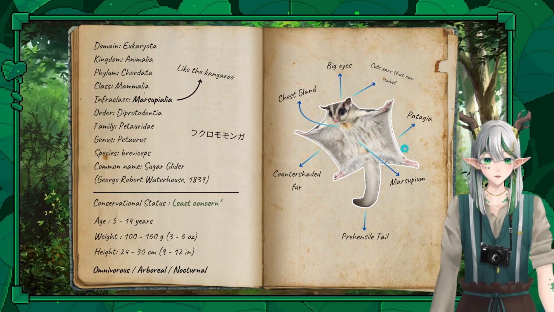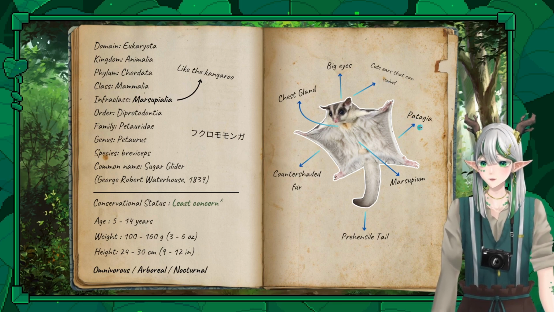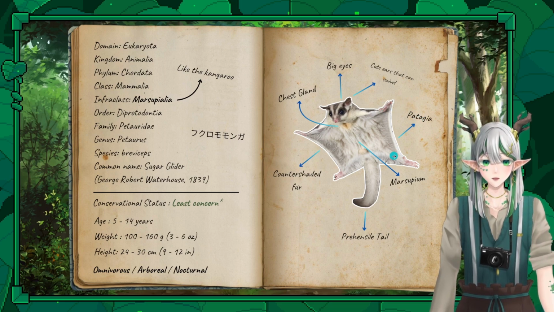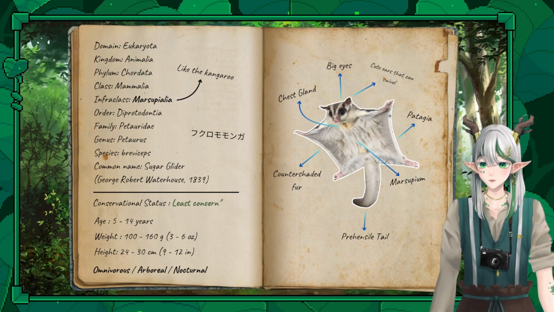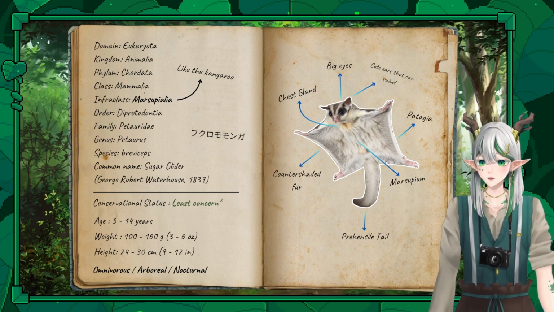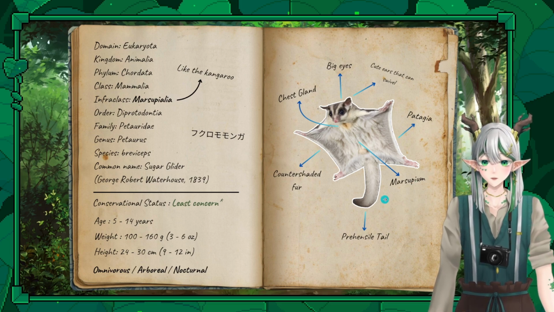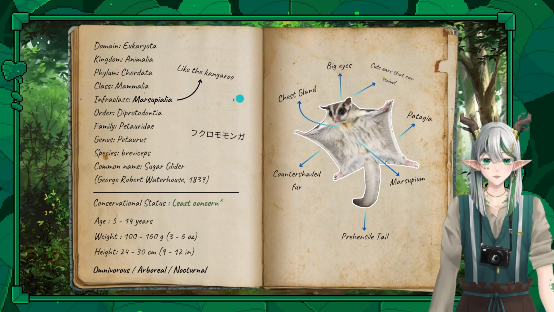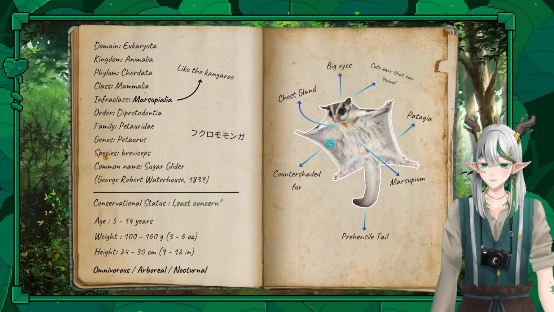Then we have what is called a patagia, which is simply the skin fold between the legs that makes him glide and stuff. It's the same, I think, in flying squirrels and stuff. It's also called a patagia. Then we have the marsupium, which is what characterizes animals in the Marsupialia infraclass.